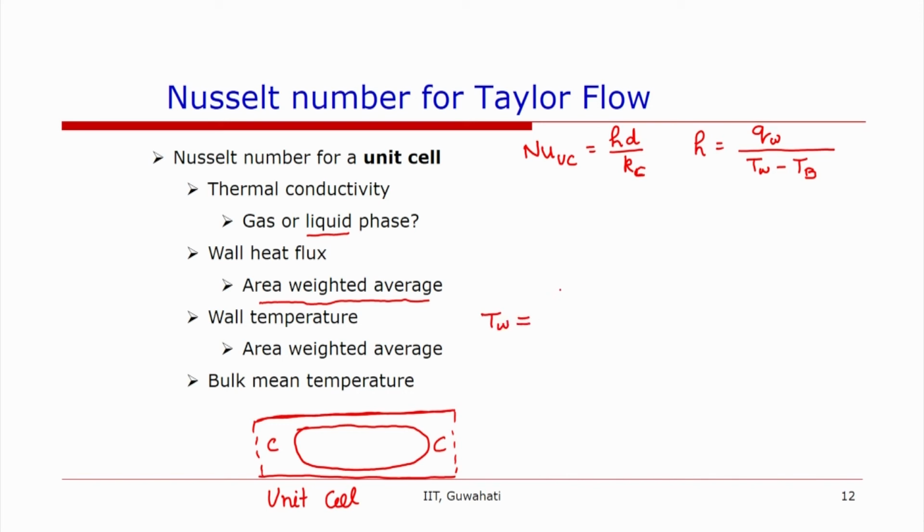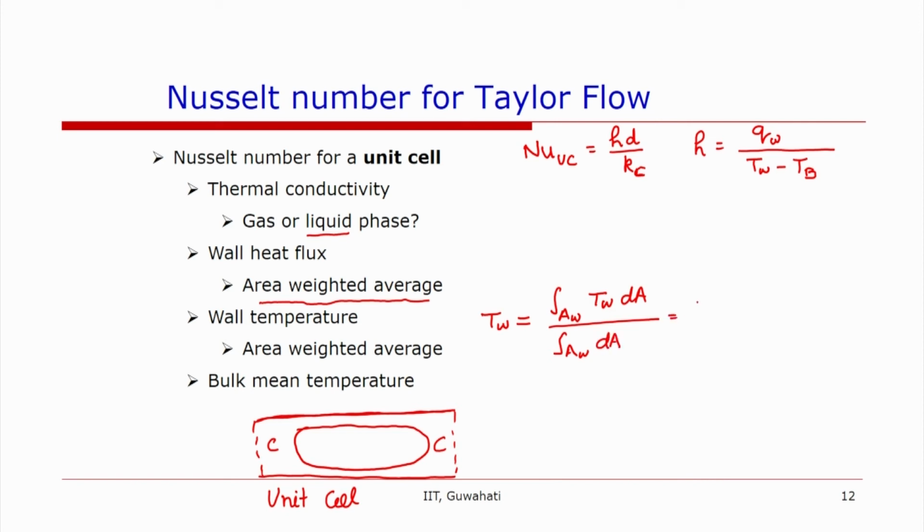So, we can do the integral over the area of the wall, T wall dA, divided by the integral over the area of the wall, dA.